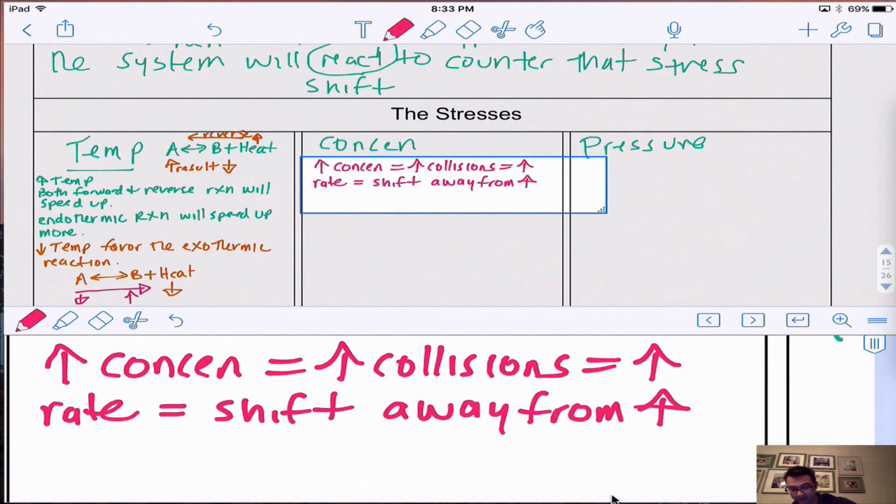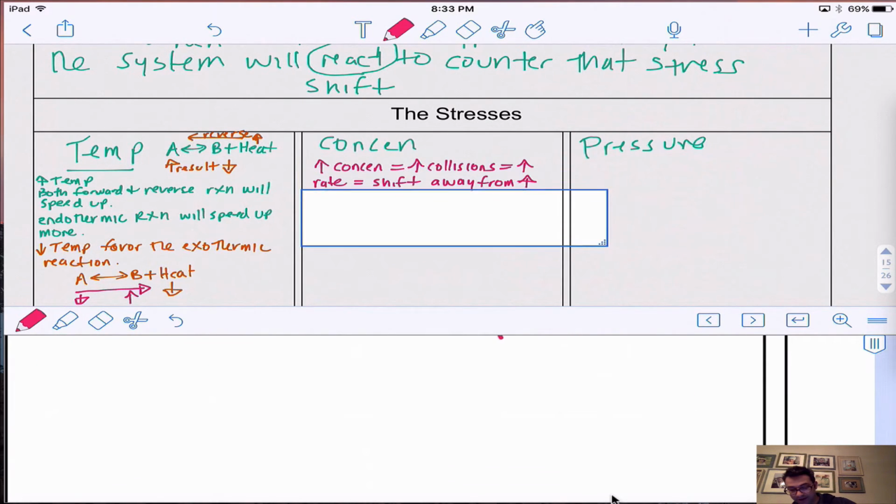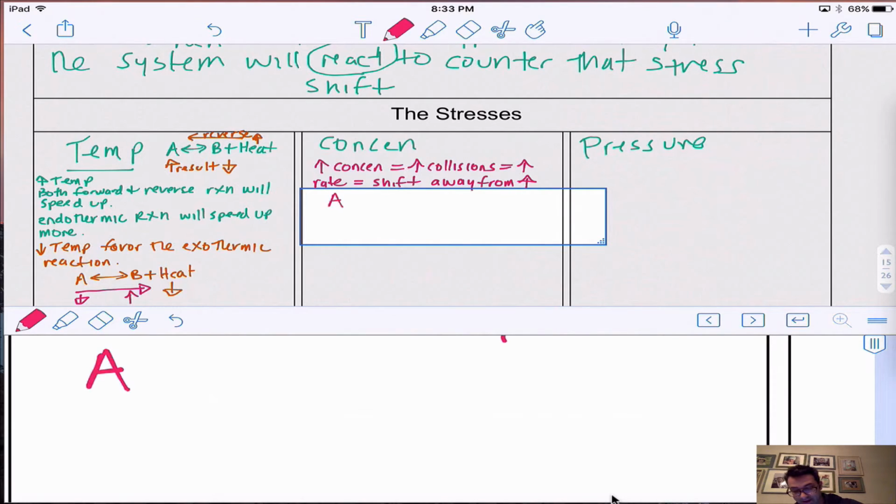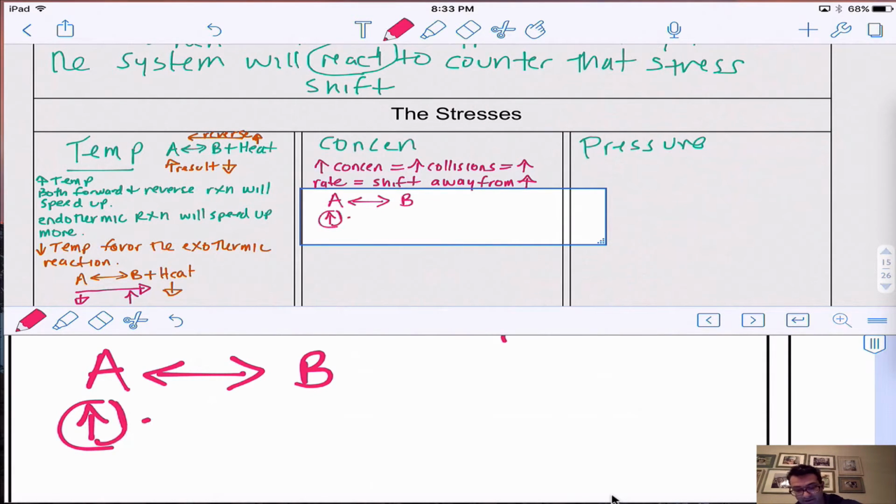How does this look in a reaction? Well, let's do our A to B again. So A going to B. If I increase A as the stress, there will be more A there. The A will react more. I will then create a reaction going forward that is faster.